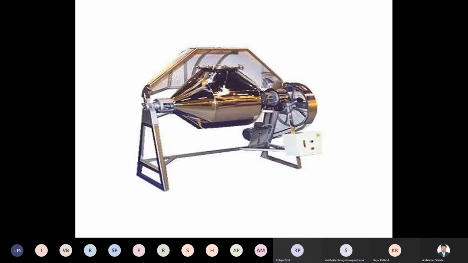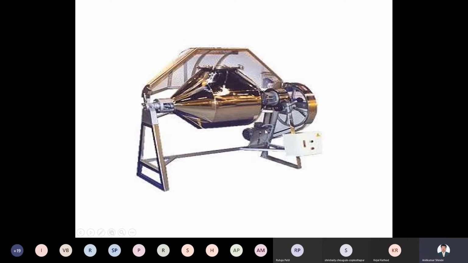Hello. Okay. So this is one more mixer. It is not a double cone. This is a single cone. These are the single cone which are attached with this shaft, right? There is one vent, only one vent is there, right? This is called a single cone. The material is fed into it through the single vent, and you can rotate it at various speeds with the help of the motor.